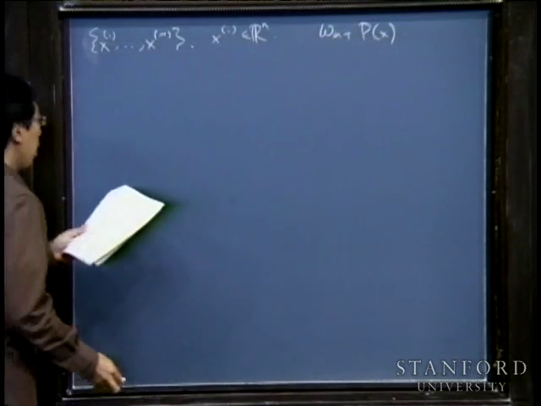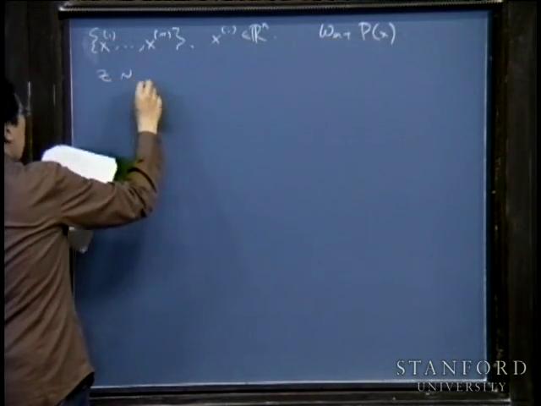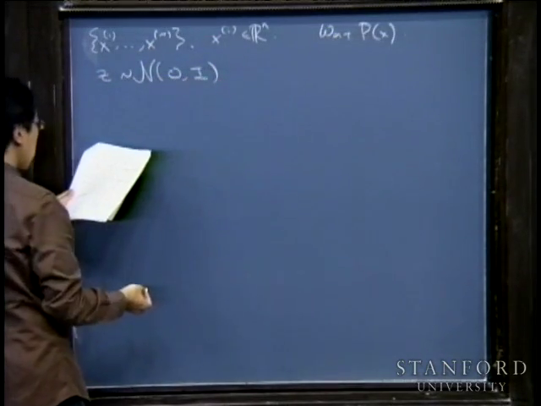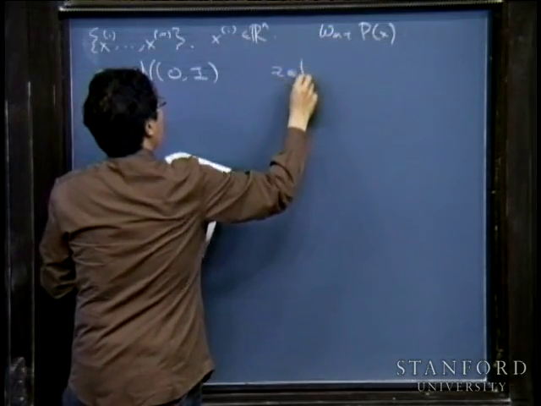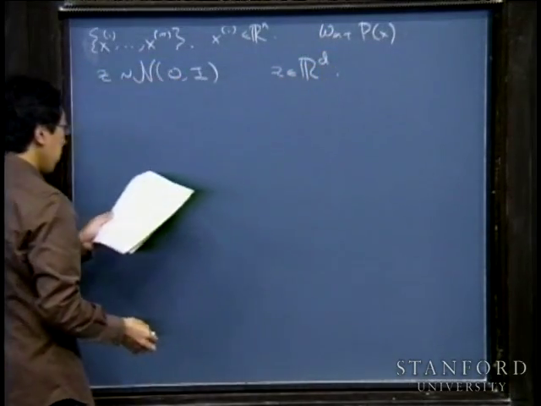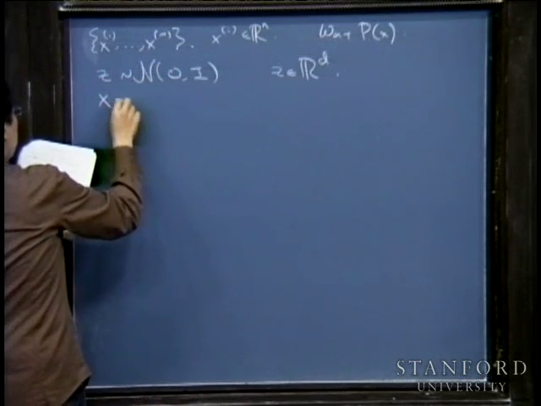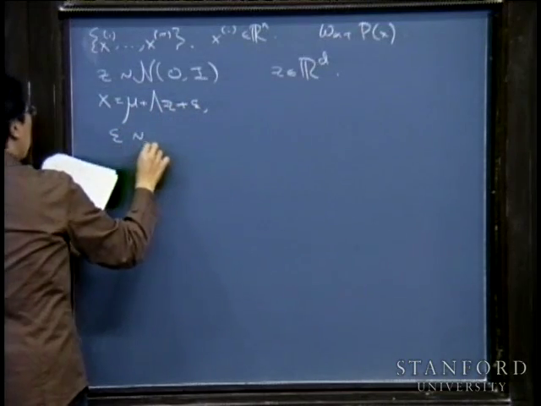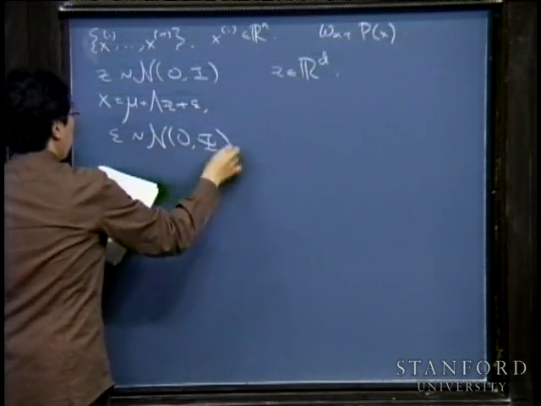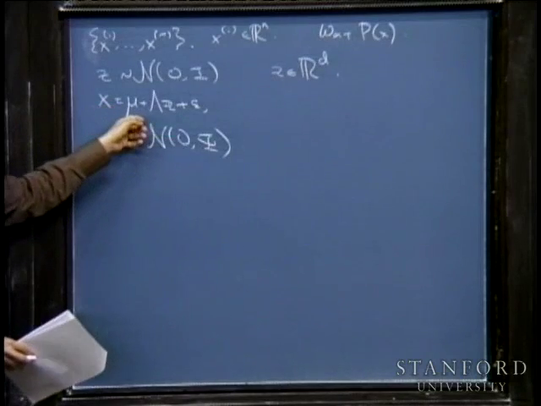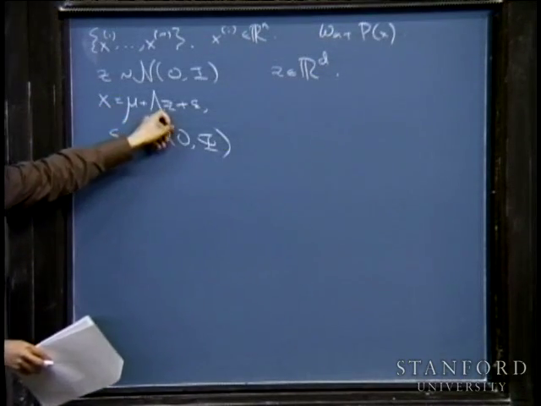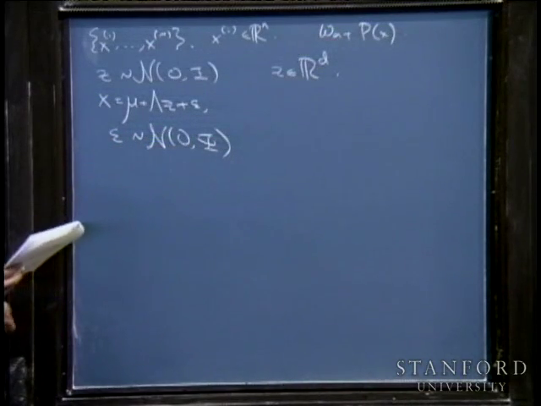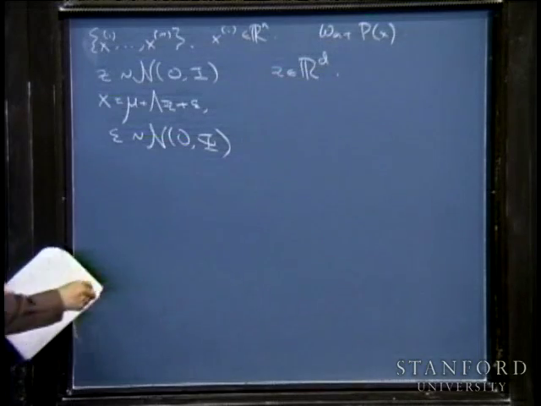Our model for x is that we imagine there's a latent random variable z that has zero mean and identity covariance, and z will be some low dimensional thing of dimension d, and we imagine that x is generated as mu plus lambda z plus epsilon, where epsilon is a Gaussian random variable with mean 0 and covariance matrix psi.